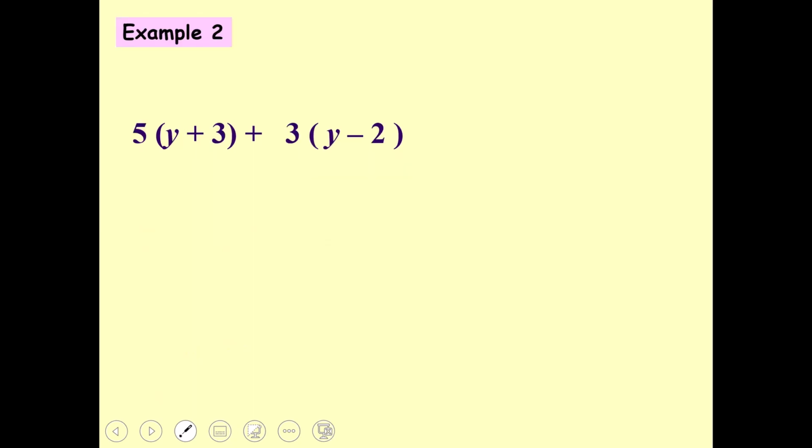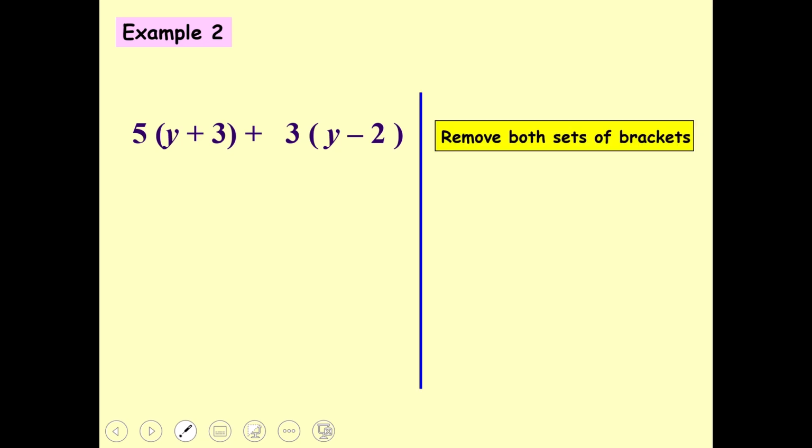Okay, example 2. Again, remove both sets of brackets first. First one, we're going to be multiplying that first bracket by 5. So 5 times y gives you 5y. 5 times 3 gives you plus 15. Then we're multiplying by positive 3 times y gives you 3y.